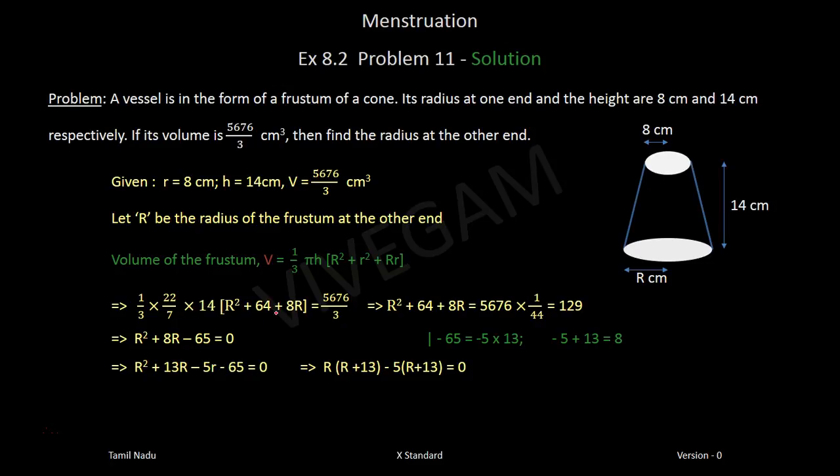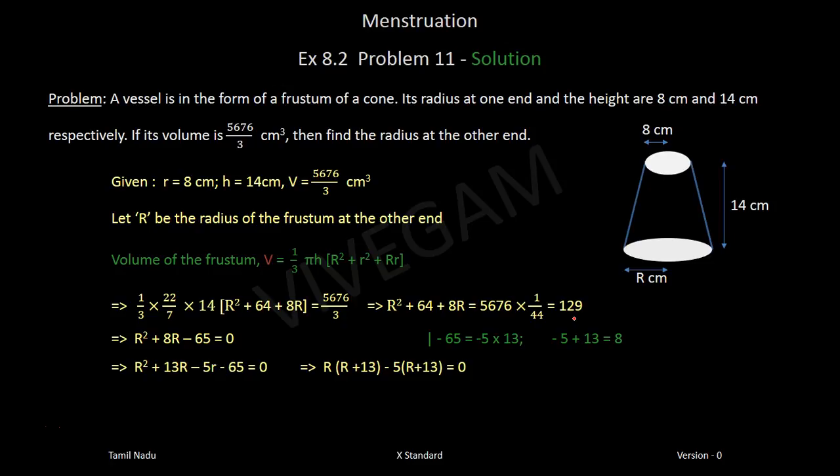So this R square plus 64 plus 8R will be equal to 5676 divided by 44, that is the 22 into 2. Try 11 and cancel both the numerator and denominator and simplify it. You will be able to get the value of 129.